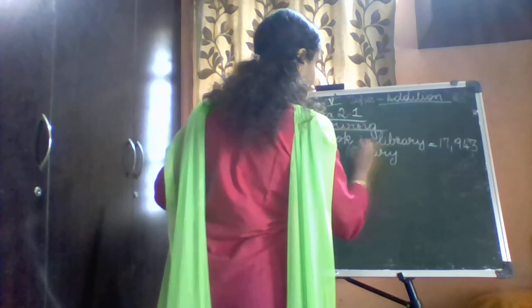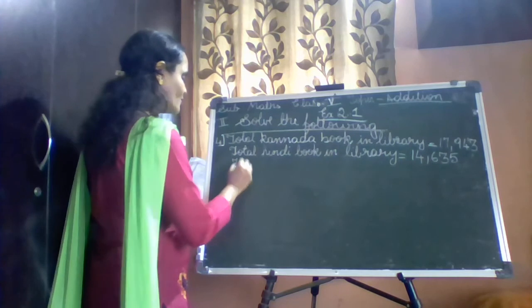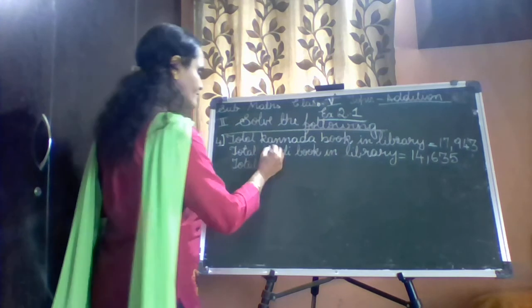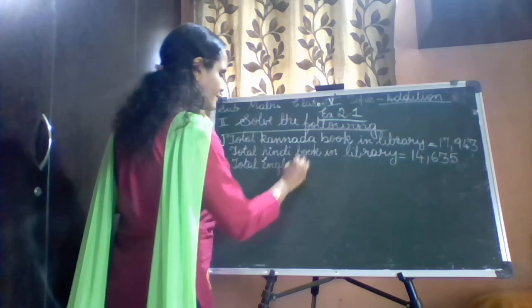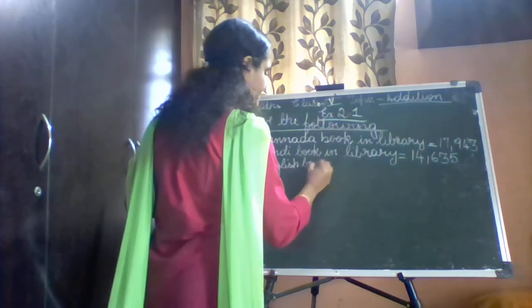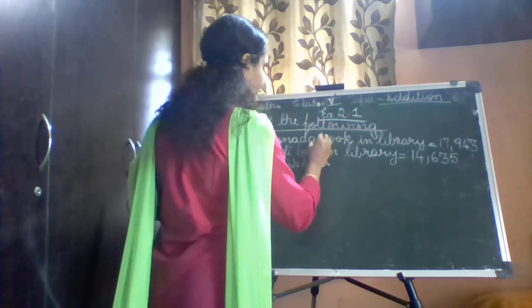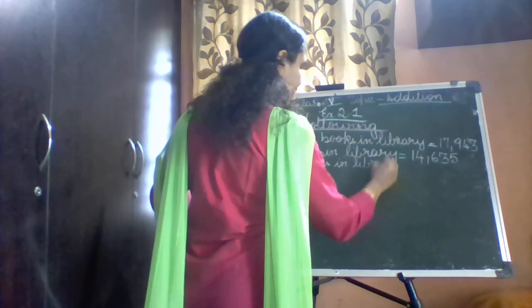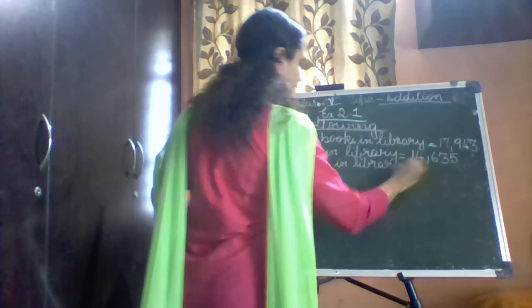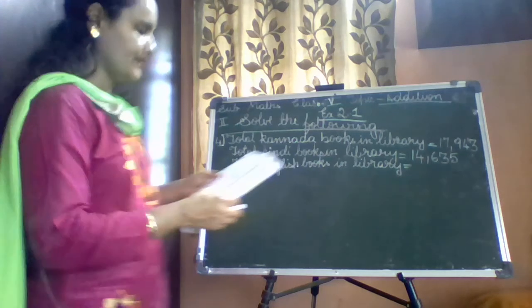How many books are there? So there are 14,635. Okay. Now again, total English books in the library. So how many English books are there? There are 10,284.